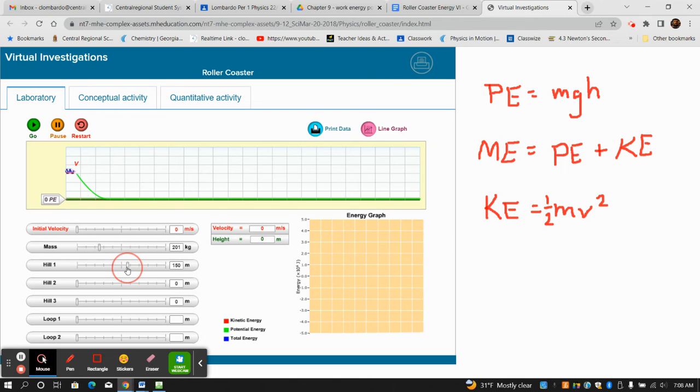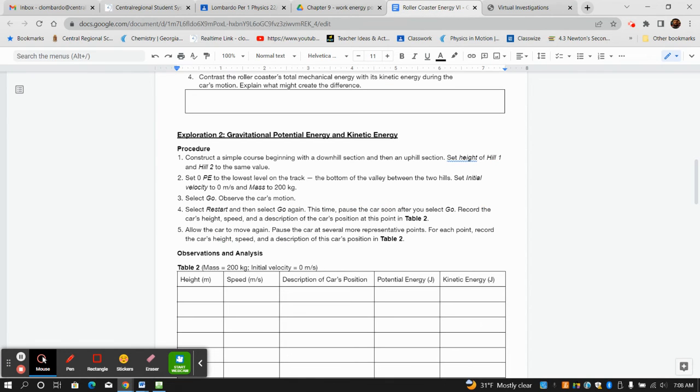So let's just say, let's bring this, you know what, put it at 180, and then hill 2, let's also bring it to 180. Okay, and then anything else? Okay, go again.